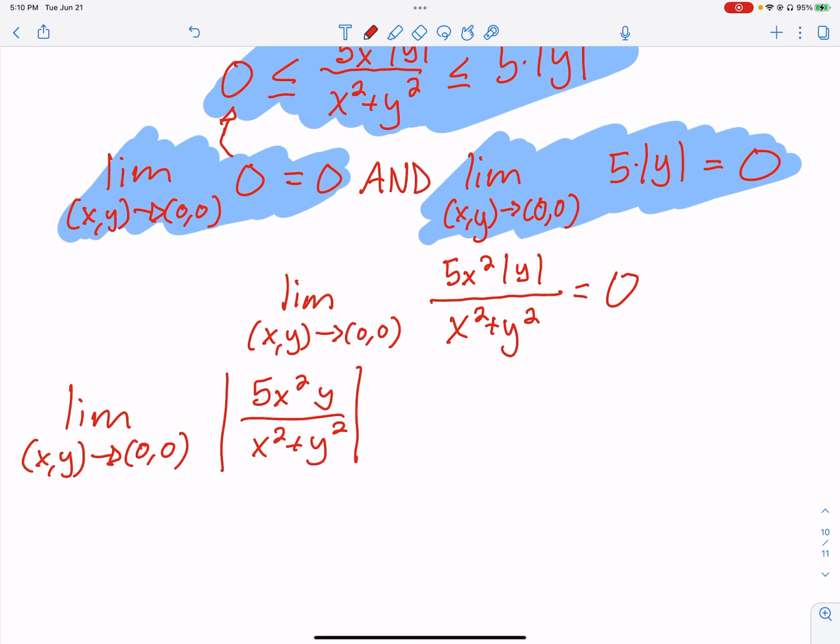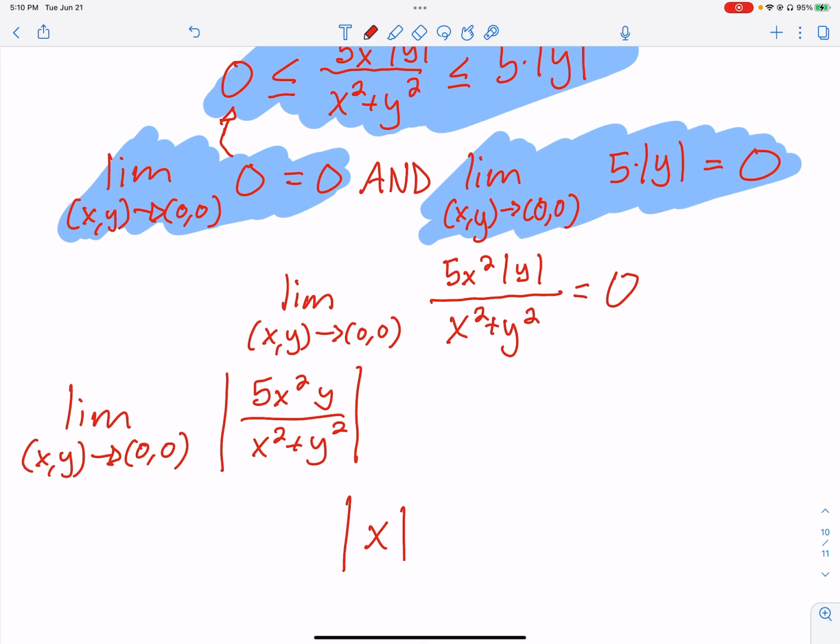Now, back from Calc 1, and maybe you don't remember this, and that's okay, this is a weird idea. Since the absolute value function is continuous, we can take that absolute value and extend it all the way out.